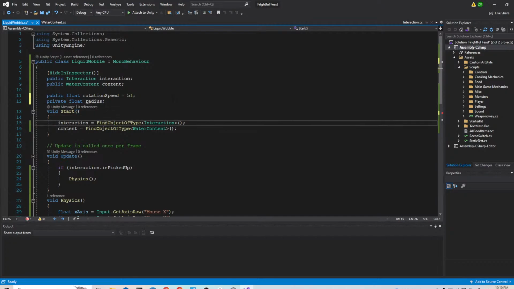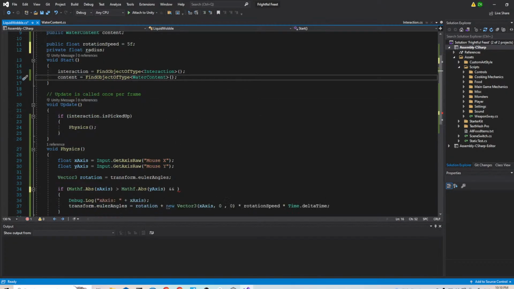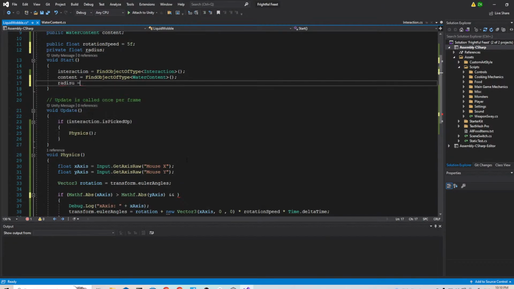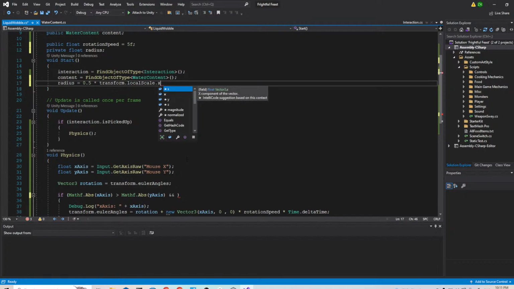Okay, so radius is equal to 1/2 times, it doesn't really matter what axis we use, times gameObject.transform.localScale.x, we'll say.